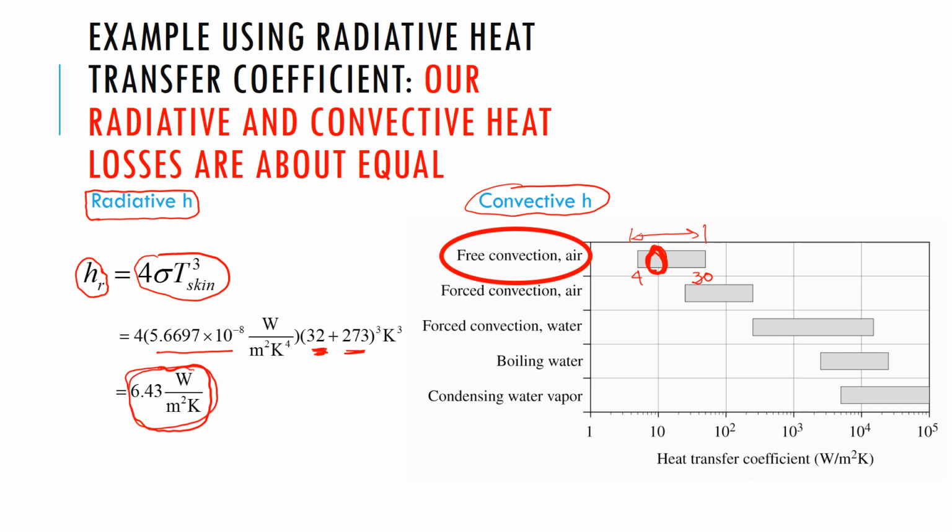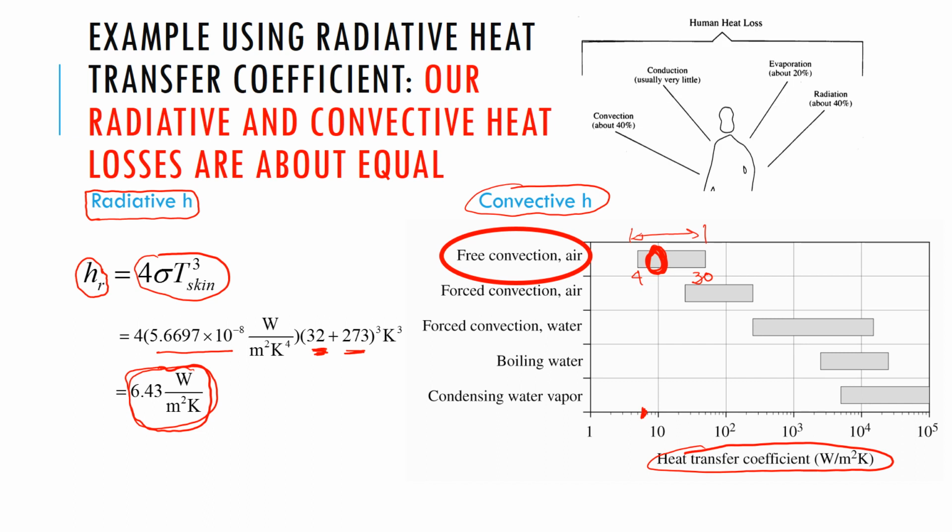So the convective heat transfer coefficient, remember these are heat transfer coefficients, those values are comparable to the radiative heat transfer coefficient for heat loss from a body surface. Now, if you look at literature for thermal comfort, when they talk about human heat loss, it's of course made up of conduction, convection, radiation, and evaporation. But notice convection and radiation, it's about equal heat loss.